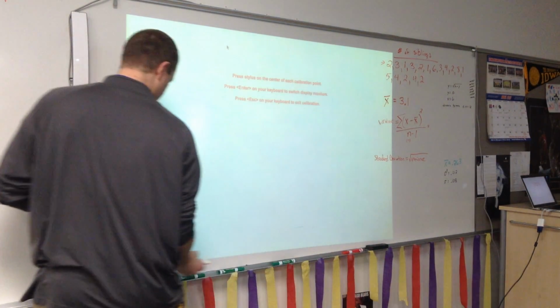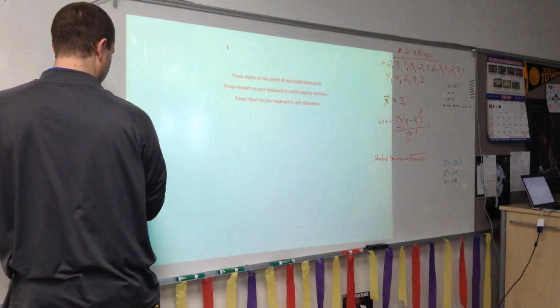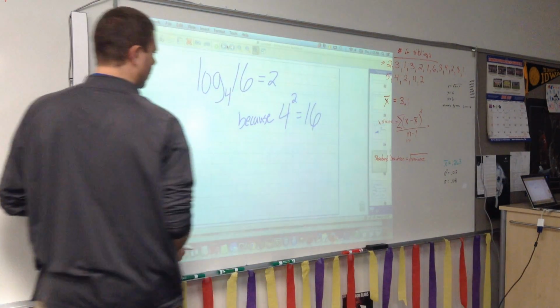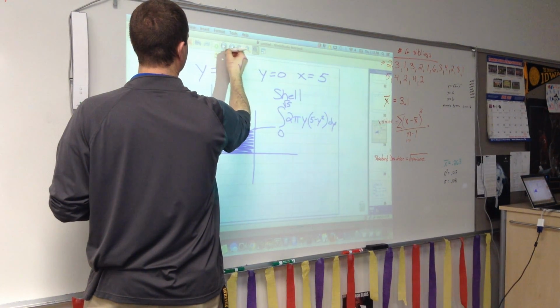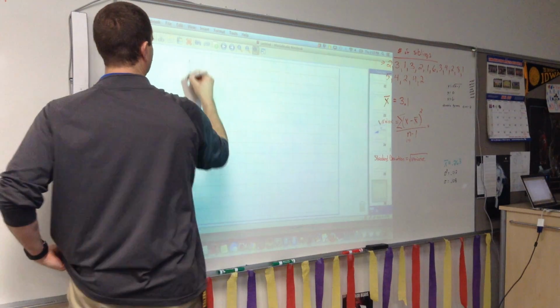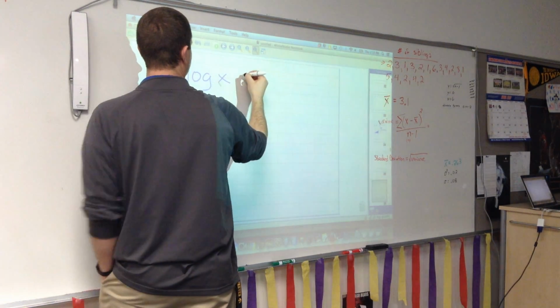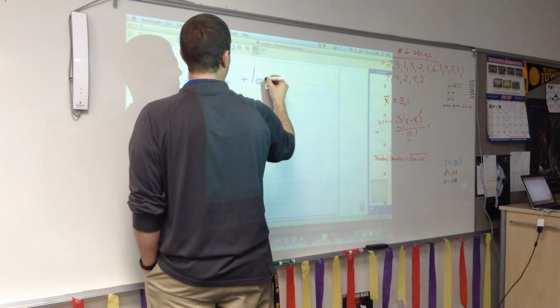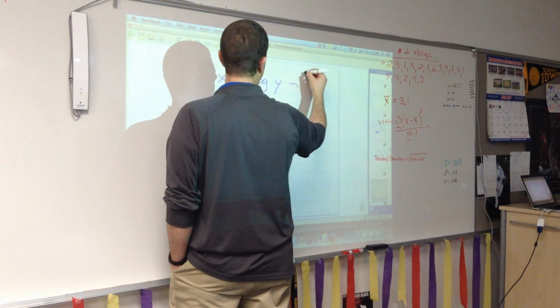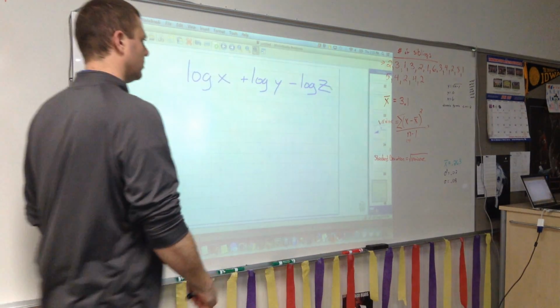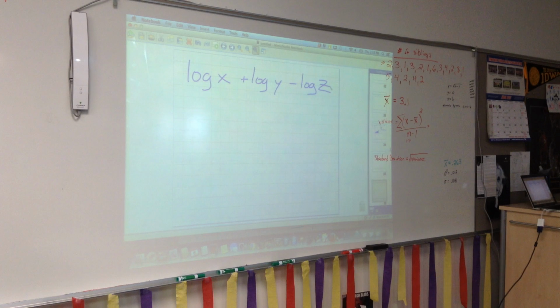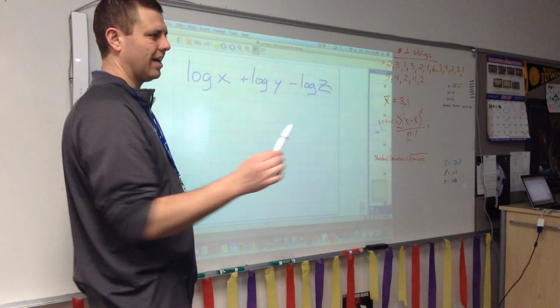Log of x plus log of y minus log of z. The directions might ask you to write this expression as a single logarithm.